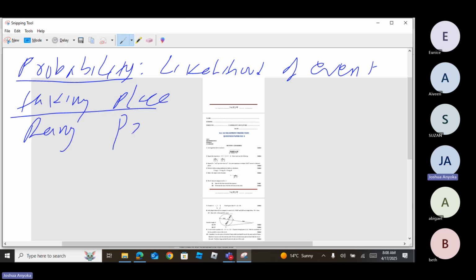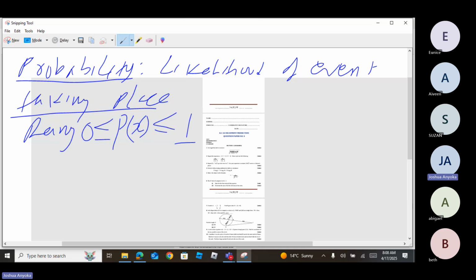So the probability of event X taking place can only be less than or equal to 1, can only be greater than or equal to 0, but cannot exceed 1, cannot go below 0. So when you work out probability, your answer should lie between 0 and 1.